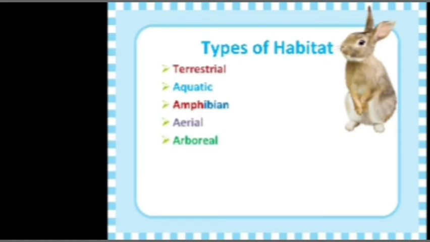The animals that live on land are called terrestrial animals, like lion, fox, rabbit, etc. Aquatic: animals that live in water, like fish, whales, etc. Amphibians: animals that can live both on land and in water, like frog, toad, etc. Aerial: animals that live in air, that means they are able to fly easily, like sparrow, myna, etc. And arboreal animals: animals that live both on land and in trees are called arboreal animals, like monkeys, langurs, chimpanzees, etc.